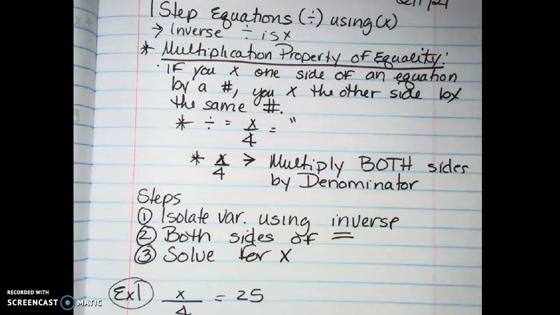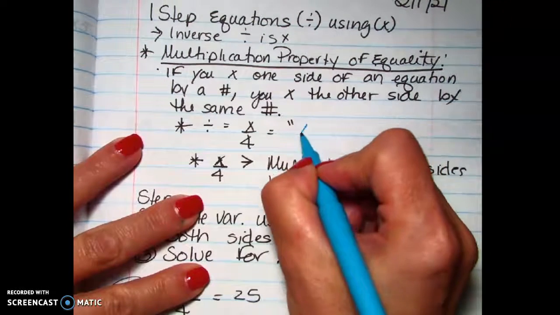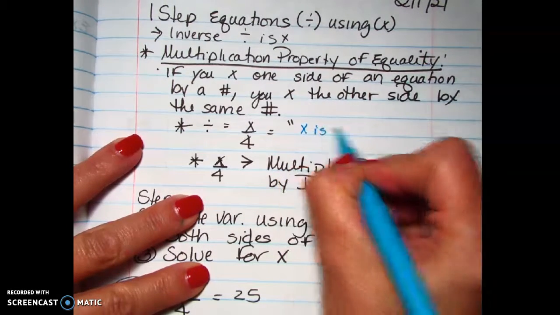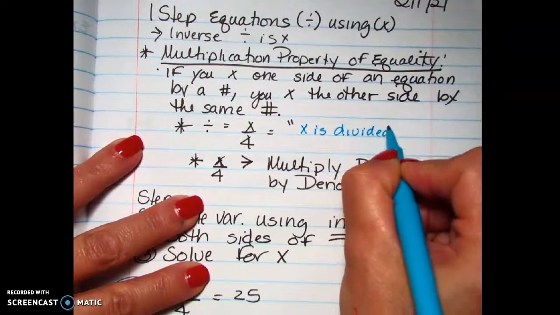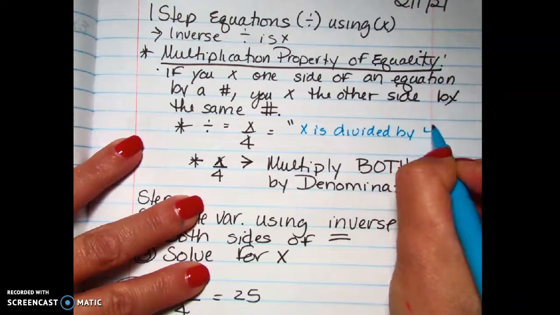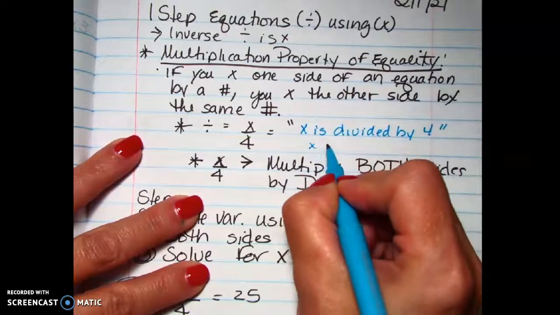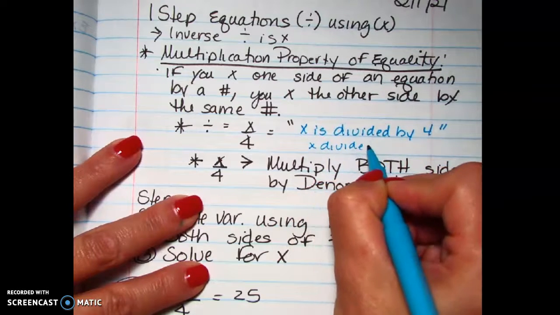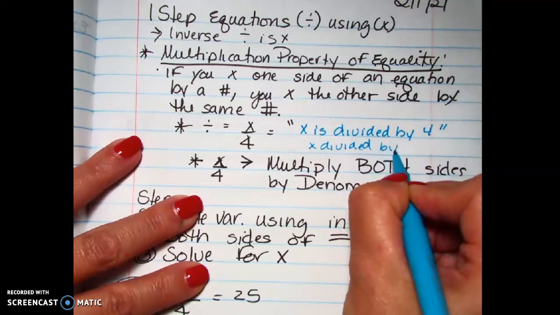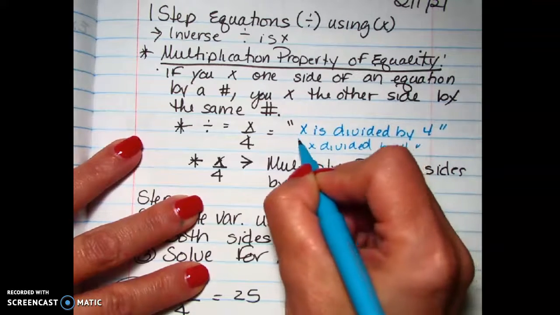We don't say x over 4. We say x is divided by 4. Or x divided by 4. Either one works, okay?